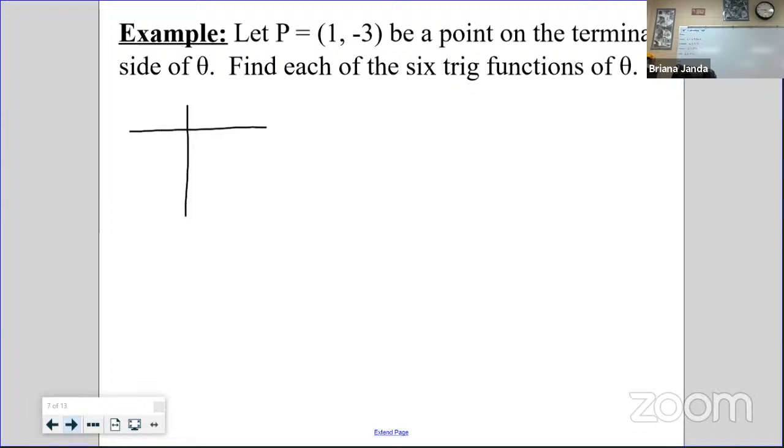Okay. So I am going to trace my way. I'm going to give myself a coordinate plane to look at. I'm going to start my pencil at the origin. And I'm going to trace my way to this point P, which is at (1, -3). So that's what you're going to start with. Start at the origin, trace to the right 1, down 3.